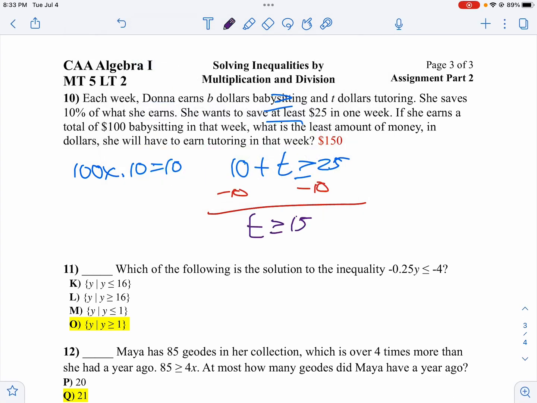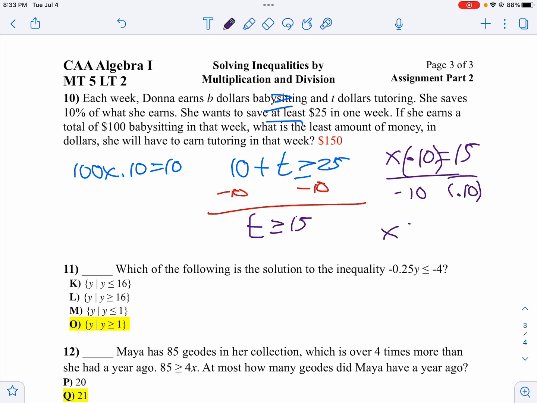Remember, that's 10% of what you earned. So in other words, if I take how much money we want, let's call that X, and multiply that by 10%, it's going to equal $15 or more. So I divide both sides by 10%. It was 0.10, by the way.